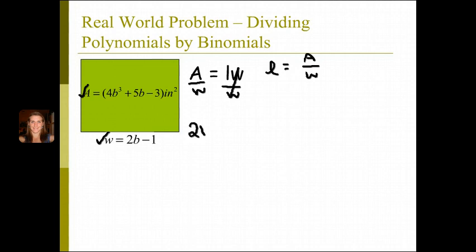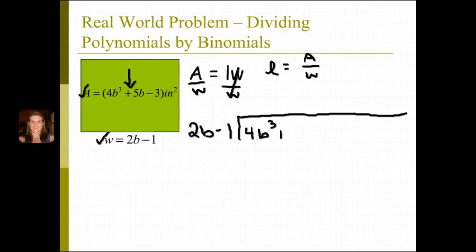So 2b minus 1 divided by 4b cubed. And if you remember back to previous slides, we have to have our exponents in descending order. So we have a b cubed, but we're missing a b squared. So we need to put a placeholder in there. So we're going to multiply b squared by 0 just to hold the place, and then continue on writing the problem.